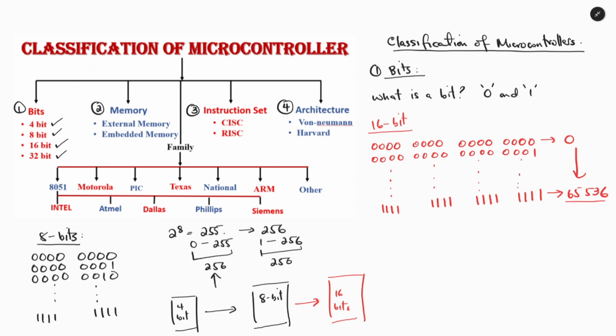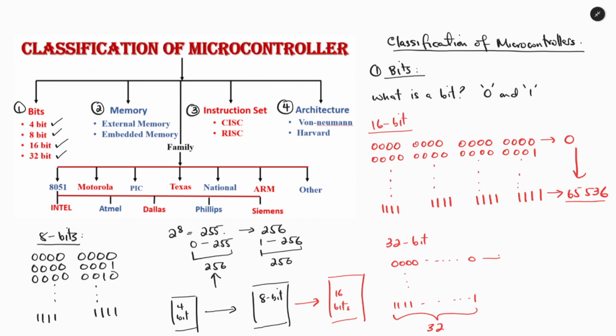And the same we can see for a 32-bit microcontroller. For a 32-bit microcontroller, it can start from all zeros all the way to all ones, and all these bits can be 32 in total.